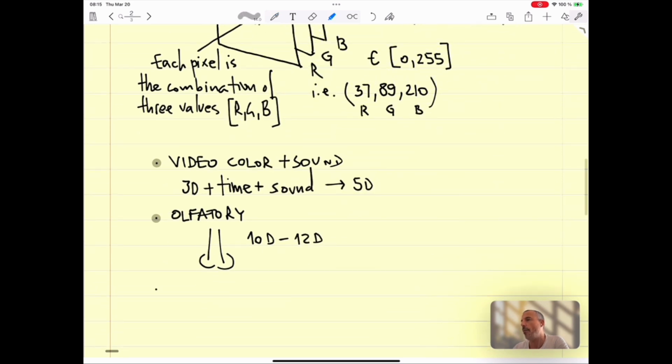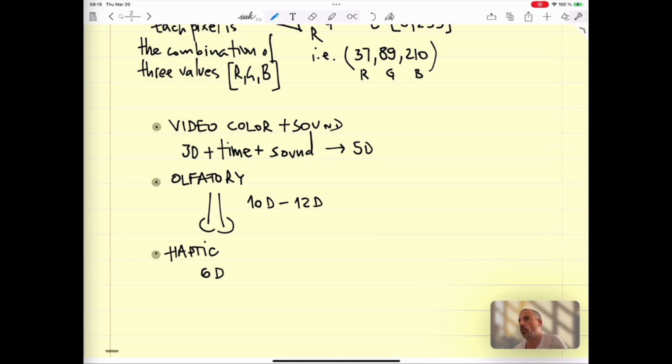If you have haptics, so whatever you touch with your skin, then you're gonna have 6 dimensions at least, because the skin can recognize heat, and if it's rough or soft, and so on. So basically, whatever is physical, whatever happens in the world that we can touch, smell, or see, it's going to be Euclidean.